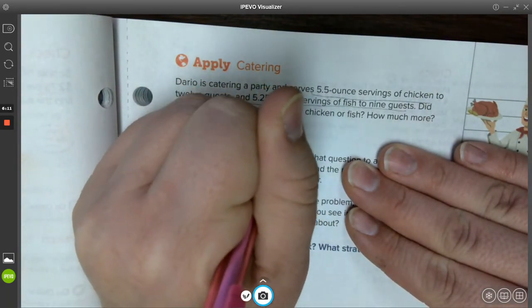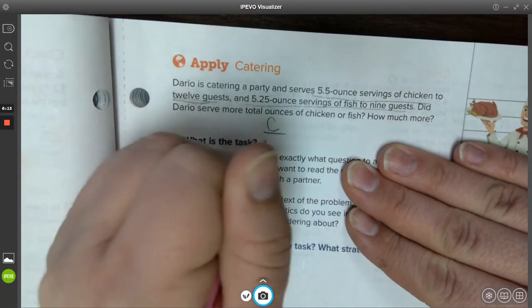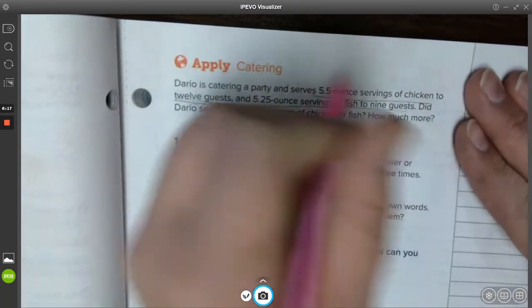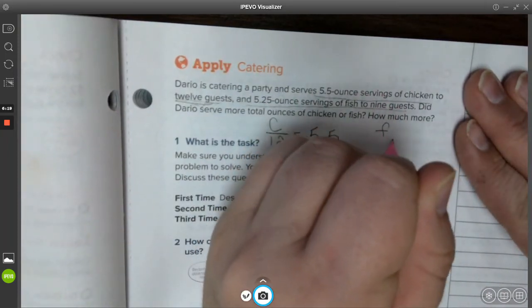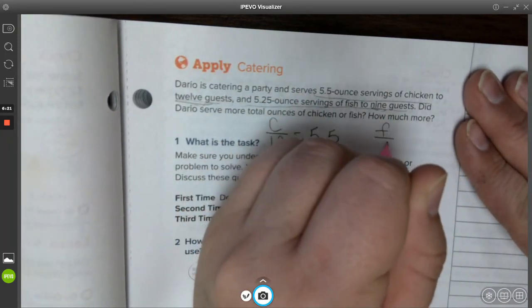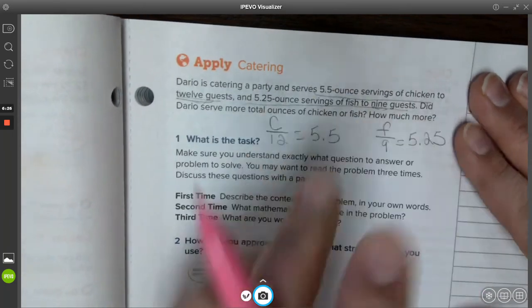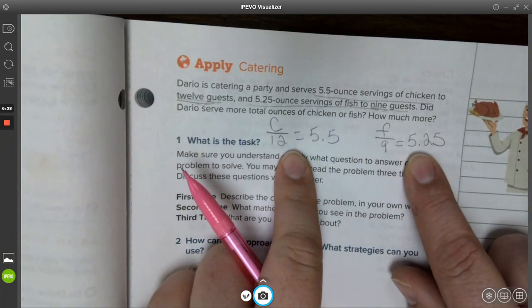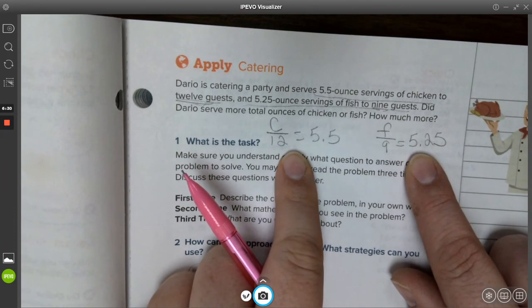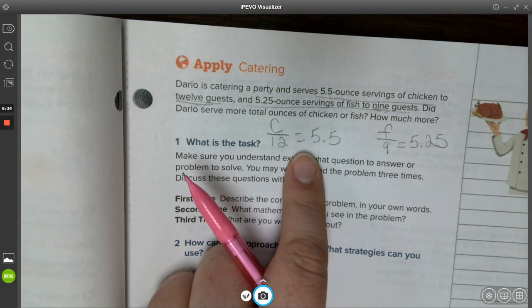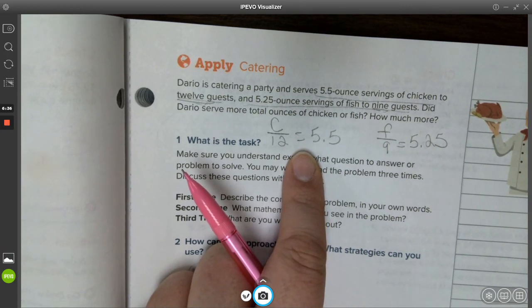So the total amount of chicken divided by 12 would equal 5.5. The total amount of fish divided by 9 would equal 5.25. So you need to solve these two equations to figure out which was more, the chicken or the fish, and then also how much more. So go ahead and try this on your own.